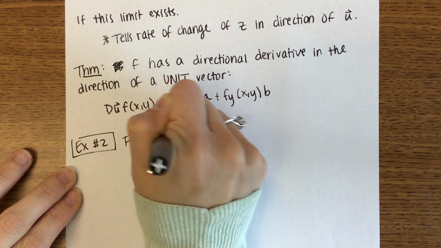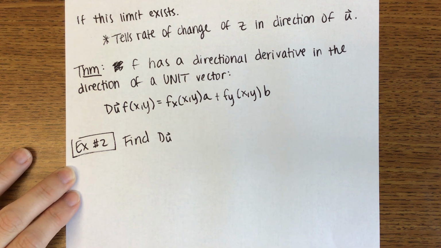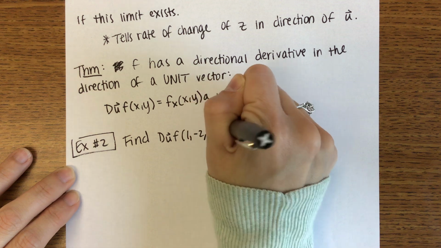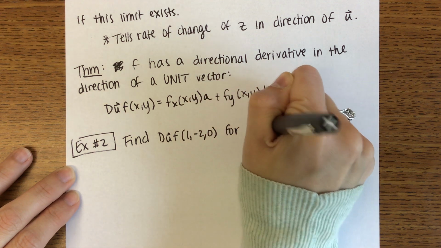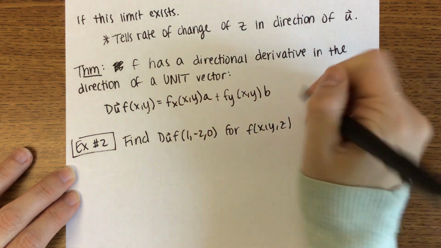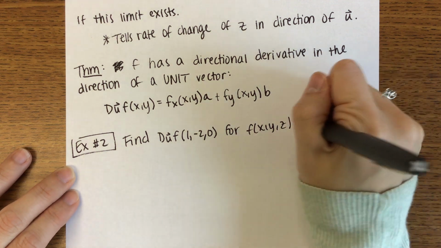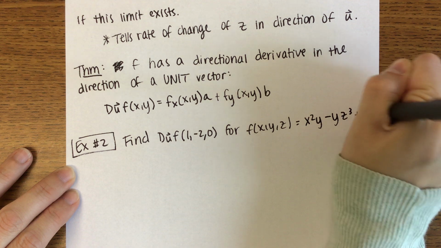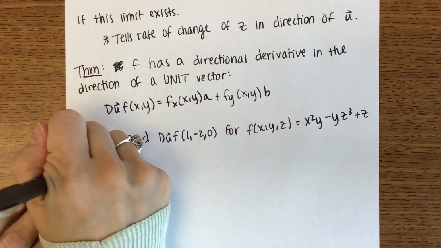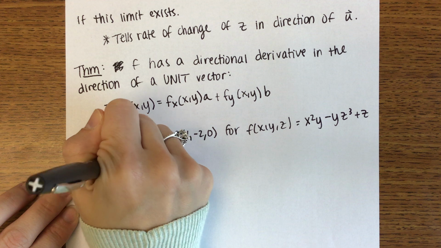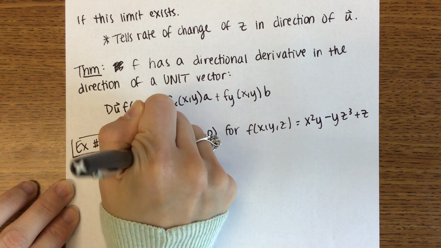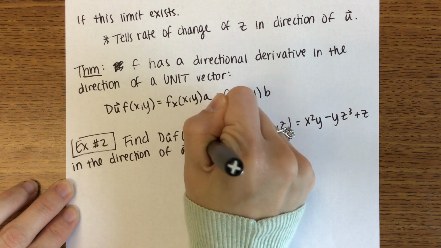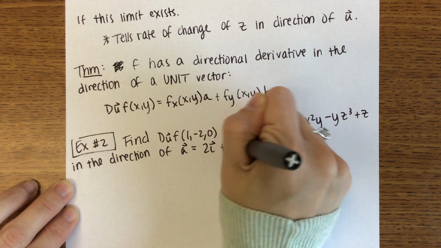We are going to find the directional derivative of f at the point 1, -2, 0 for the function x squared y, subtract y z cubed, add z, in the direction of a, which is 2i, add j, minus 2k.